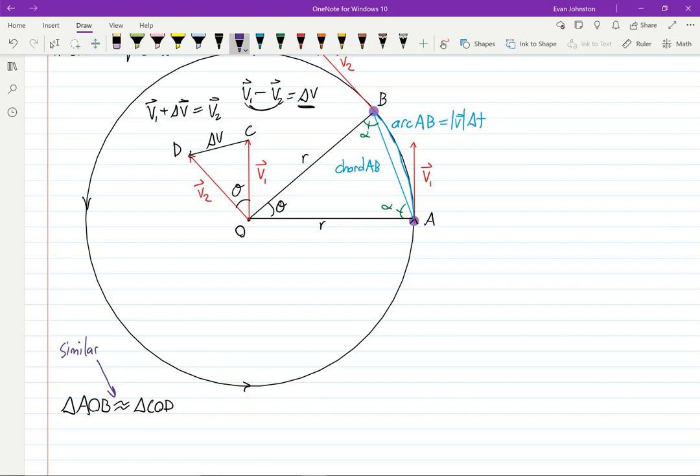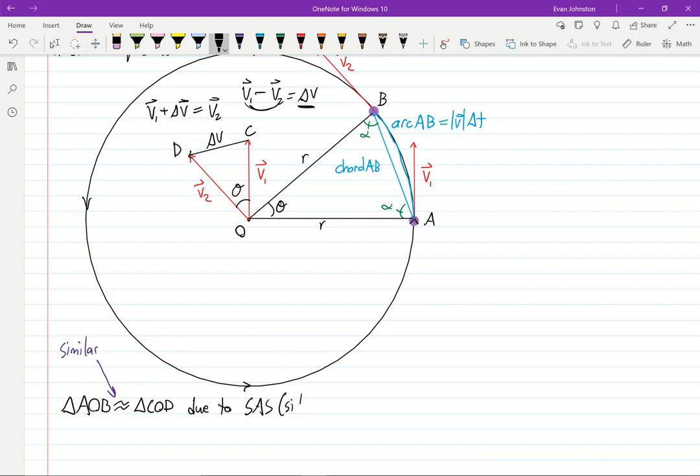Here's the proof for it, because I don't want you just to take me at face value. The theorem is the SAS theorem. What's SAS? It's the side angle side theorem. That's what SAS theorem means.